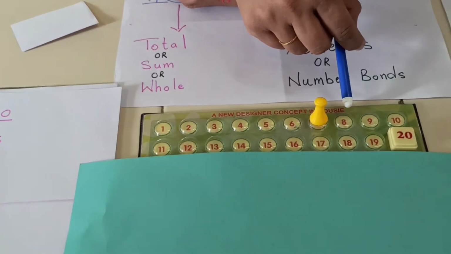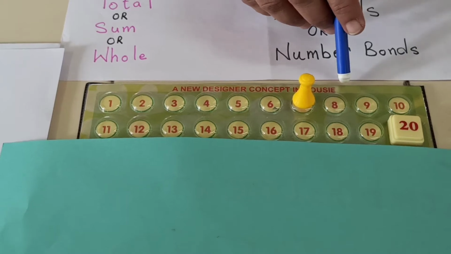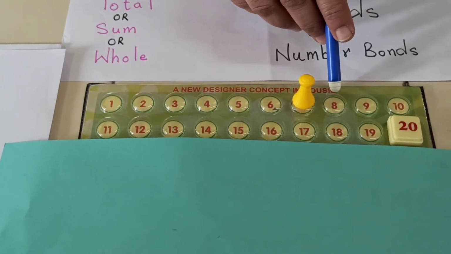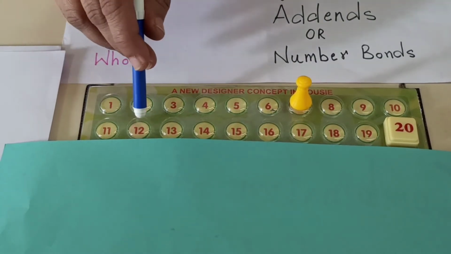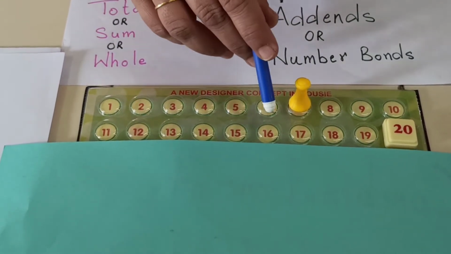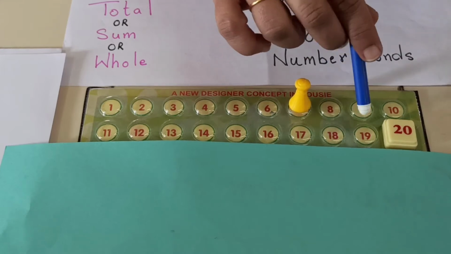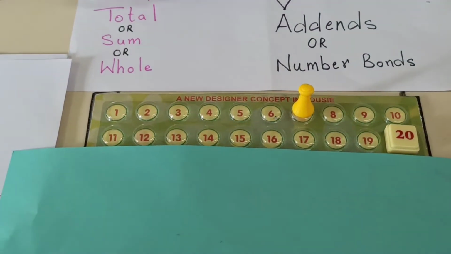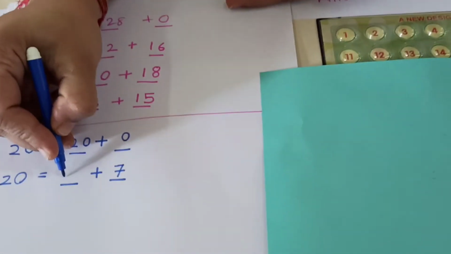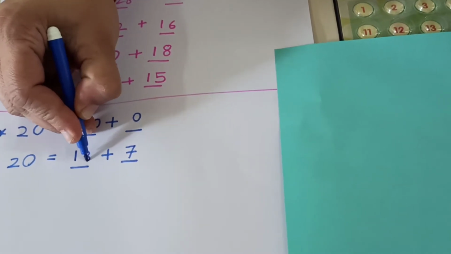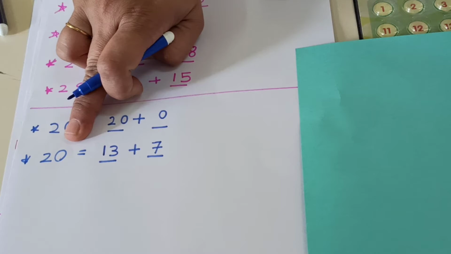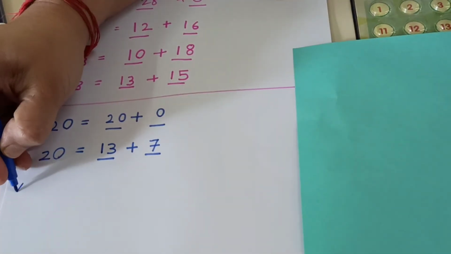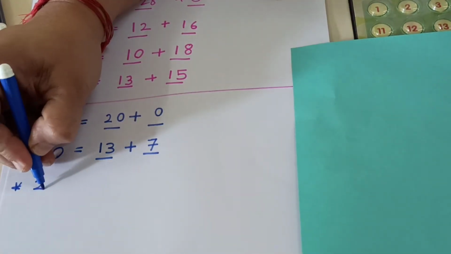That is forward counting. Okay. So that means I'm going to start here. 1, 2, 3, 4, 5, 6, 7, 8, 9, 10, 11, 12 and 13. So that means here my answer is 13. 13 plus 7 is also equal to 20. Let's see one more example for it.